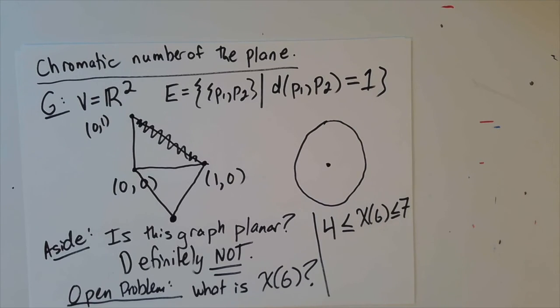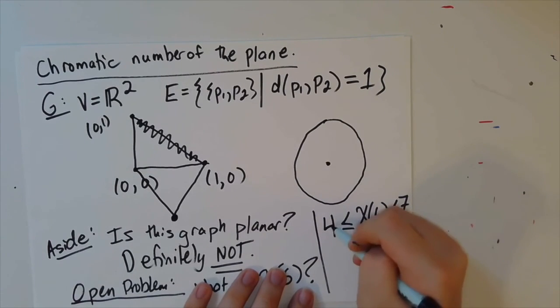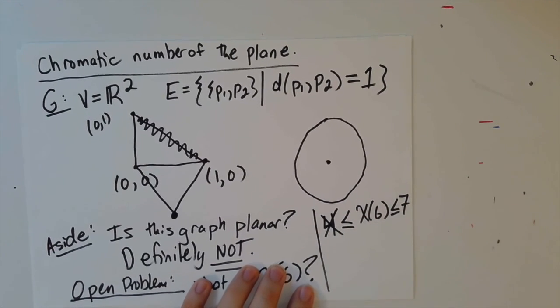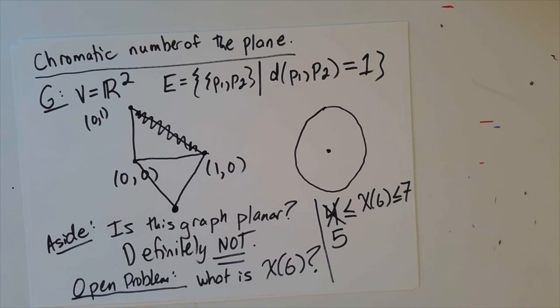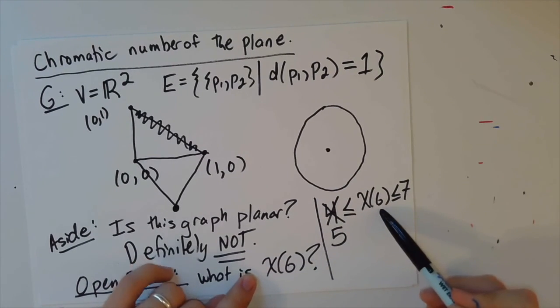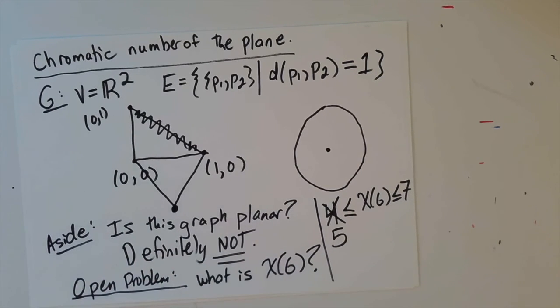But about 1.5 years ago, people actually discovered that this 4 you can improve. It's at least 5. And so what that means is that the number of colors that you need to color the graph of the plane is somewhere between 5 and 7.